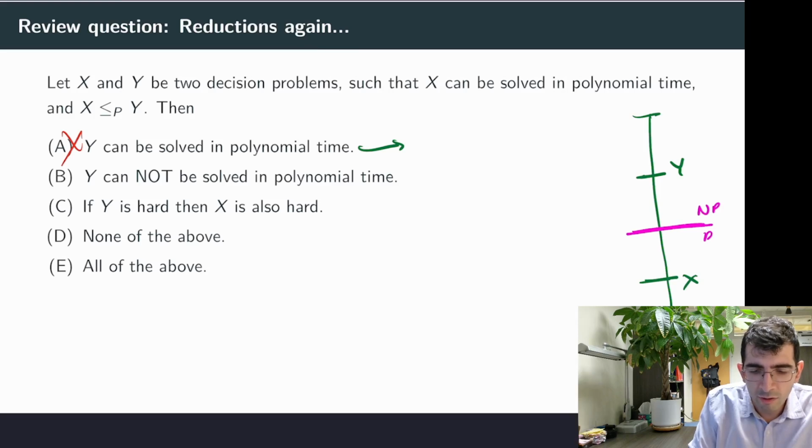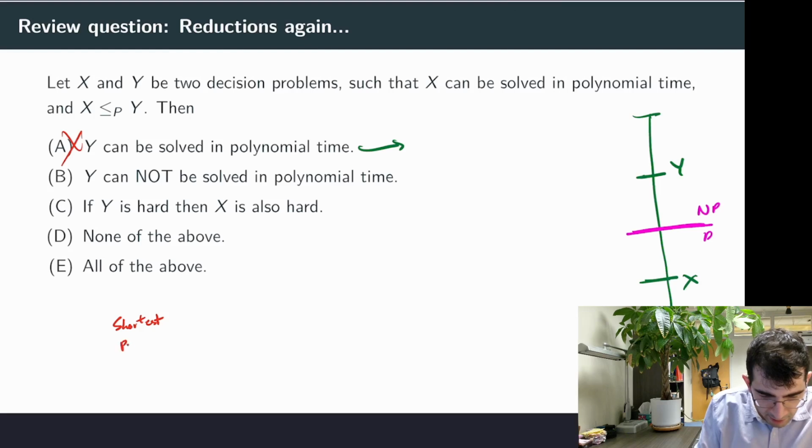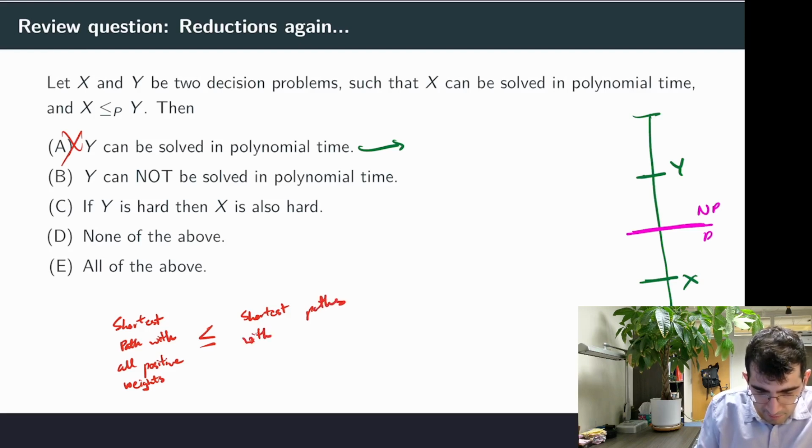For instance, shortest path with all positive weights can be reduced to shortest paths with positive and negative weights.